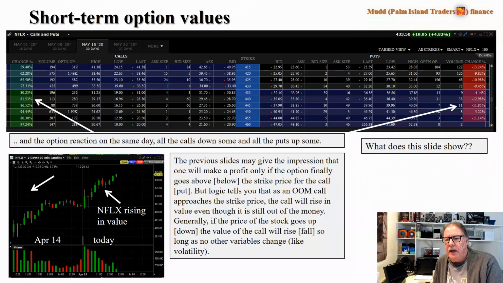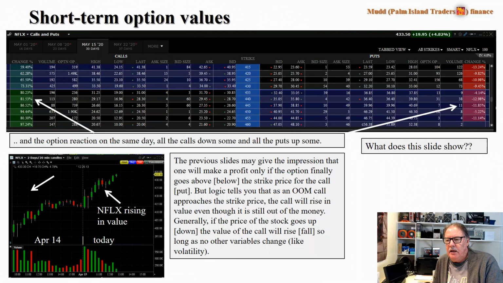Now, let's look down here at the slide about the Netflix performance on that day, the little chart on the bottom left, and you can see that Netflix has been rising in value on that day. April 14th was the day before. April 15th was the day where we made these estimates, and some of the estimates later on were also made on April the 17th.